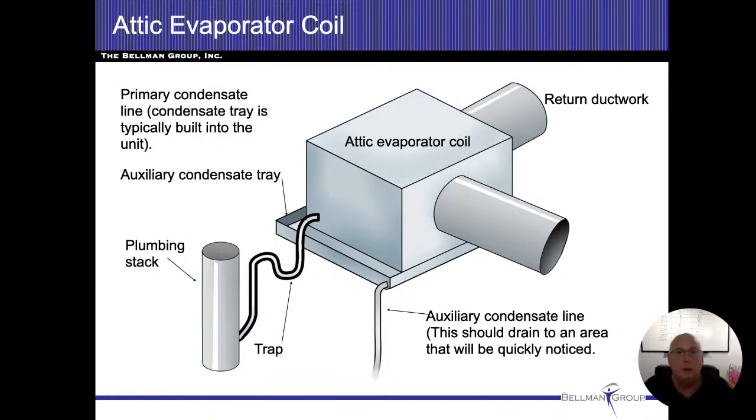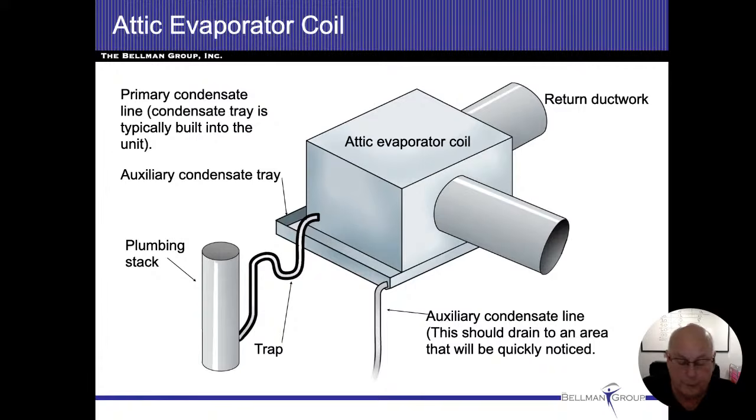All right. So here they're showing that we put a pan underneath it. We're going to have our primary drain, and this one they're taking into the plumbing stack. Because it's going into the plumbing stack, it's trapped, all right? And that'll keep the sewer gases from coming into the house. But if that primary drain gets clogged, and now water's not draining there, it's going to start leaking on the floor. That's where the secondary pan comes into play.